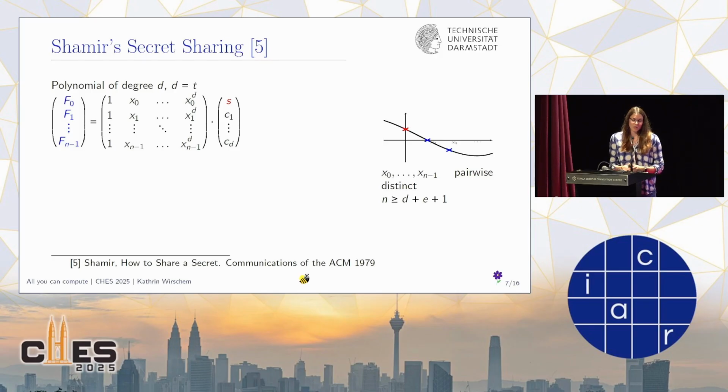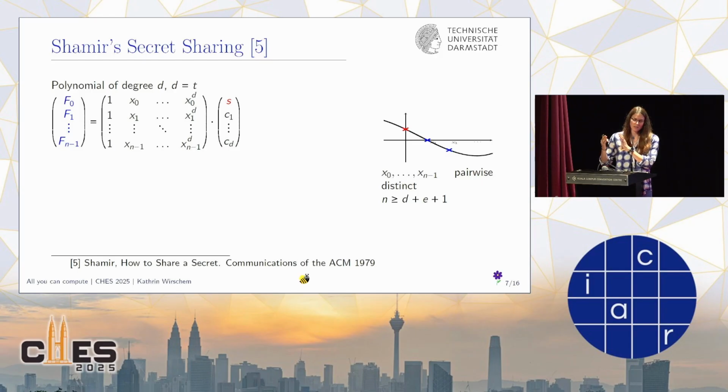In this case, we need our overall number of shares n to be greater than or equal to D plus E plus 1, where E is the number of faults we accept. This is due to the structure of the underlying polynomial, since if an adversary faults one share, we can see that as an addition of our sharing with another vector that consists of one non-zero element.